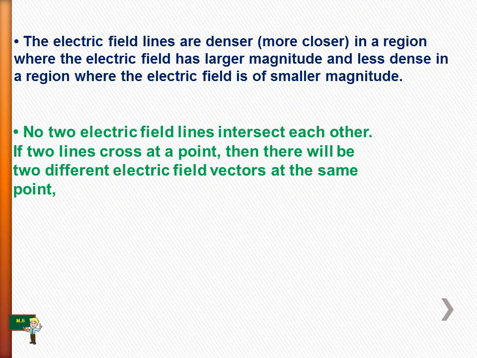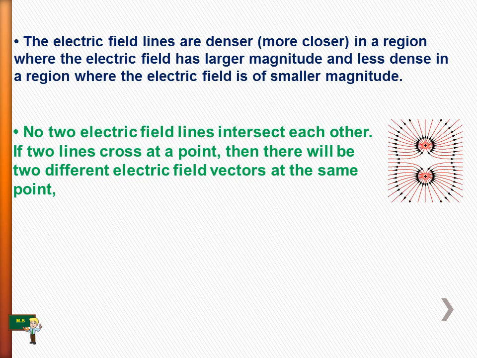No two electric field lines intersect each other. If any two lines cross at a point, then there will be two different electric field vectors at the same point. You can see in this picture they don't intersect with each other. Actually, the electric field lines have more than 5 properties, but they never intersect each other.